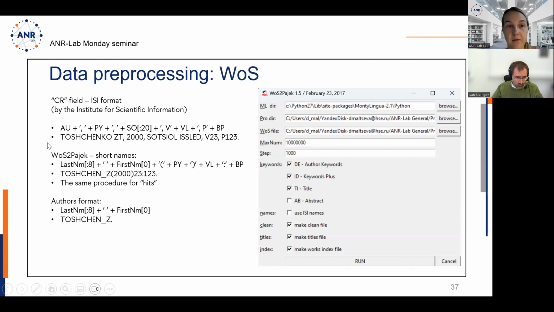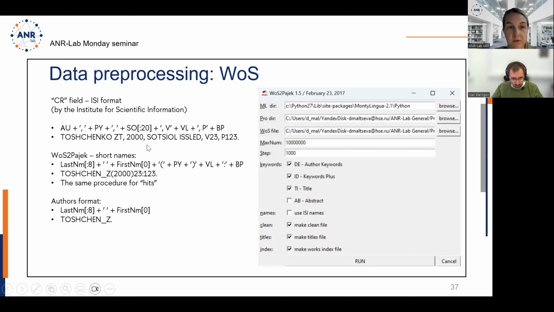And that's why this is actually the format which was proposed by the Institute of Scientific Information. This is the so-called EC format, which proposes that you write the author name, then the publication year, then the title of the journal, and then volume and pages.